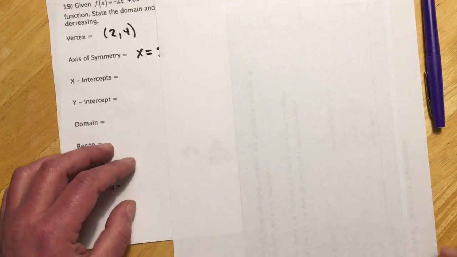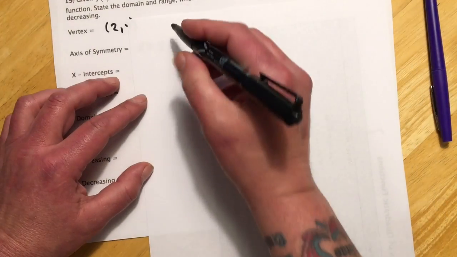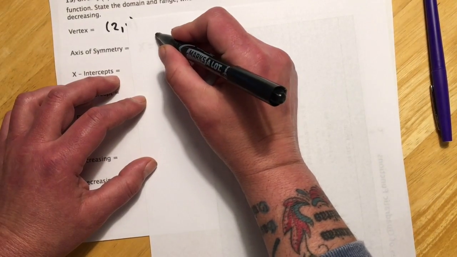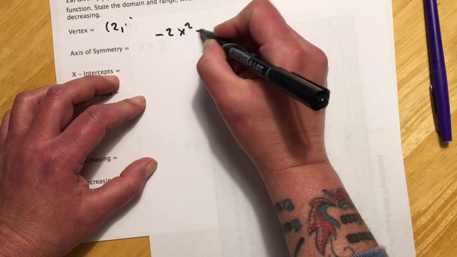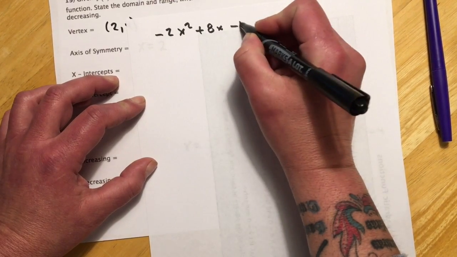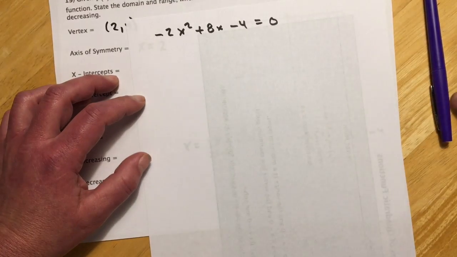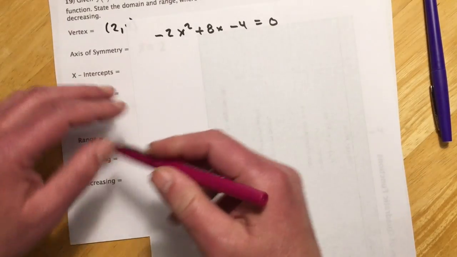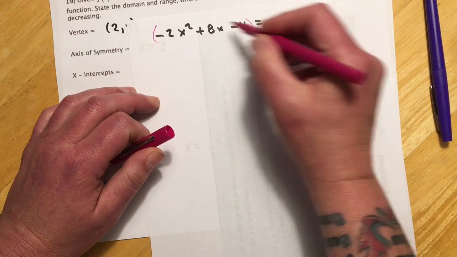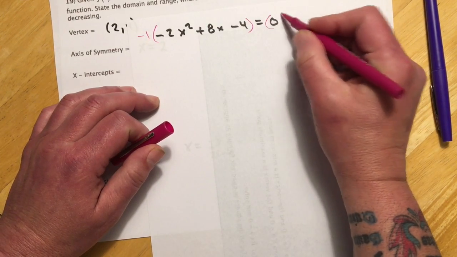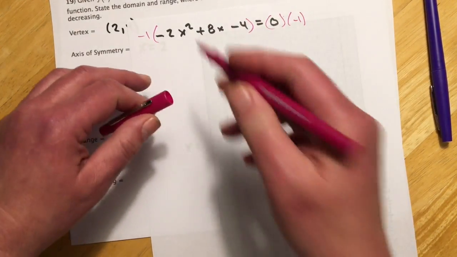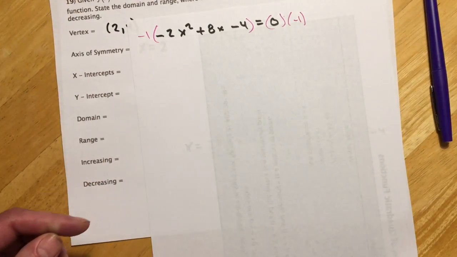So I'm going to do that on some scratch paper over here so I don't run out of room. So that'll be negative 2x squared plus 8x minus 4 equals 0. I don't love the negative leading terms, so I'm going to just multiply everything by negative 1.